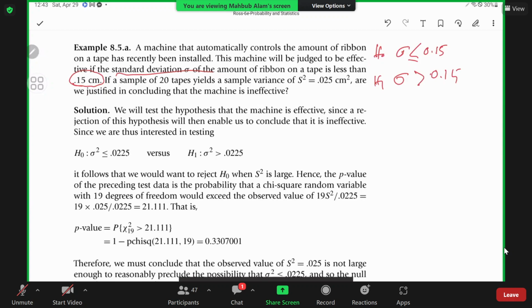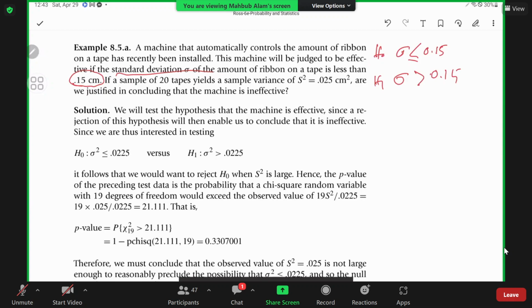For a one-sided test, the p-value is calculated just here. The value is 21.11, and we need to calculate this area. Don't be confused with this term. Actually, all of them use the computer for calculating these values; you will not get these values from the table. Let's see. For 19, we want to compare this value with 21.11.